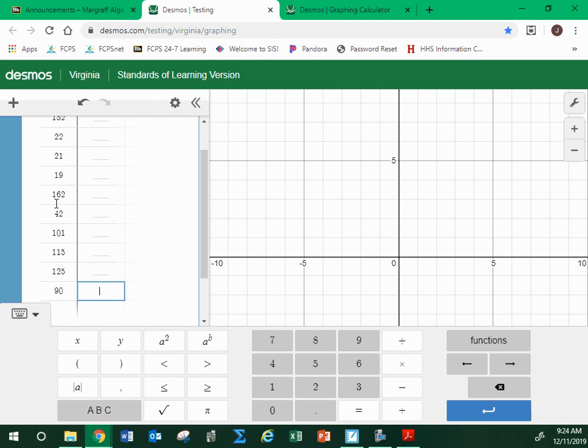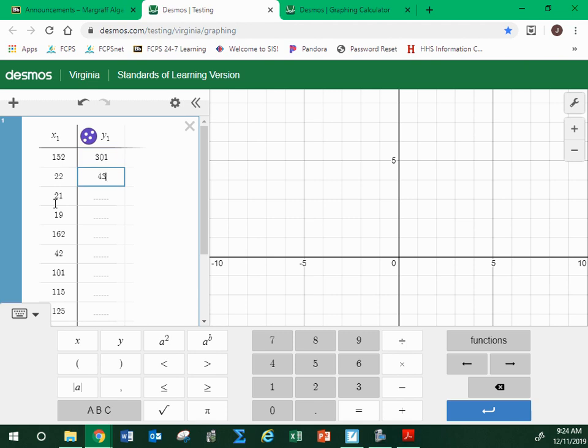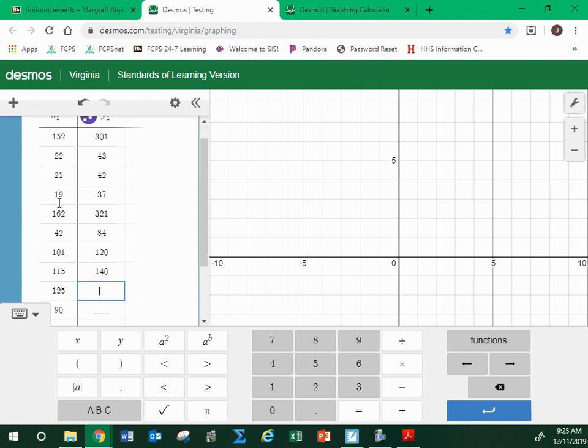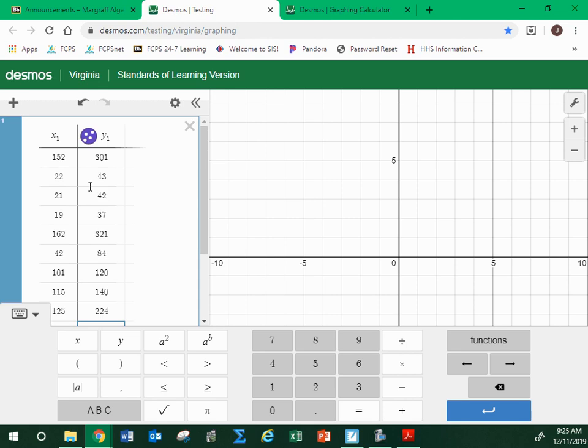So I've got all my x values, and I'm going to go back and fill in the y values. So I should have the same number of x's as y's. And then get rid of this little keyboard.